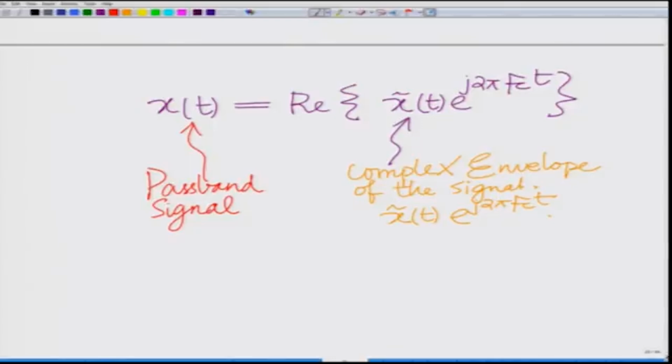And therefore, this is an important principle in communication: every passband signal x t can be reduced to an equivalent complex baseband signal x tilde t. This is very useful for the analysis of communication systems, because all the analysis can be carried out in the baseband by establishing an equivalence to this complex baseband signal.